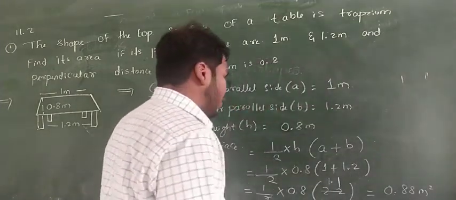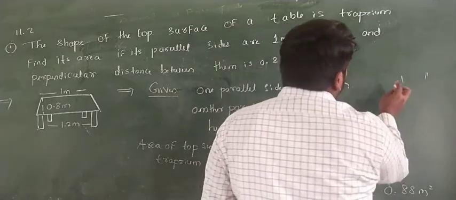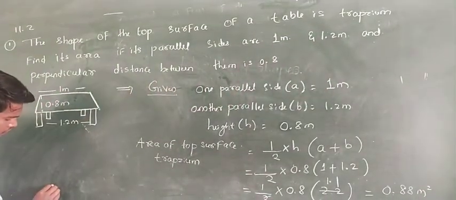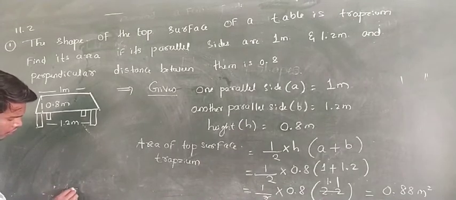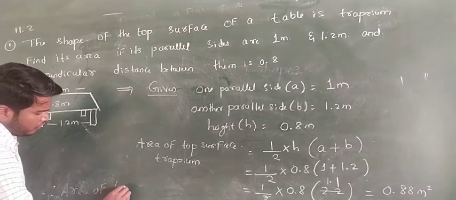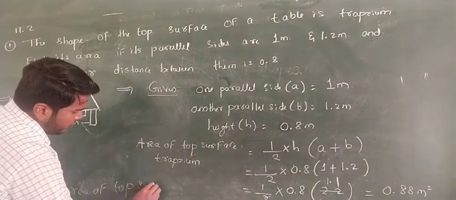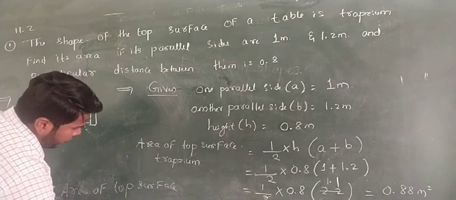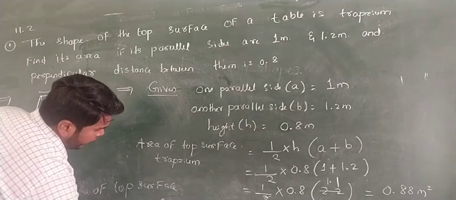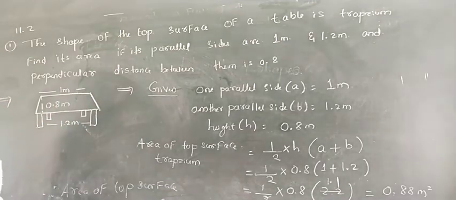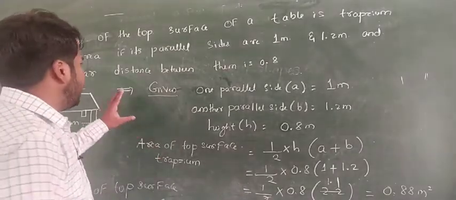So the area of the top surface is equal to 0.88 meter square.